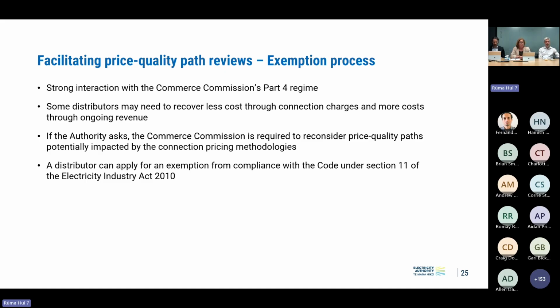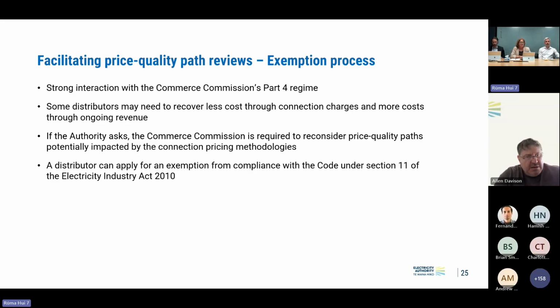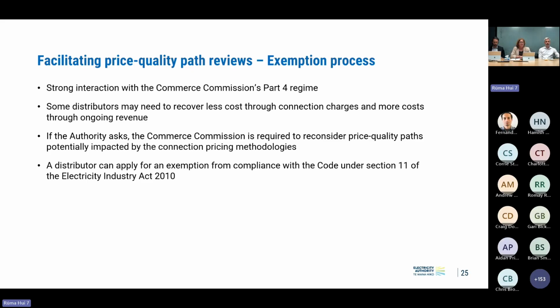The statutory framework provides for a situation where the authority makes a change to the code and it's relevant to price quality paths. The authority can use section 54V to ask the Commission to reconsider a price quality path. This may lead to the Commission adjusting the revenue allowance for an EDB.